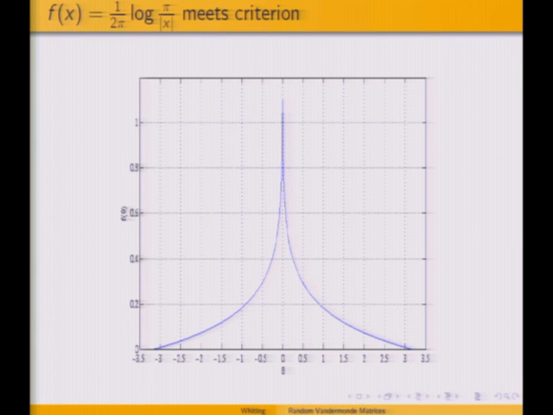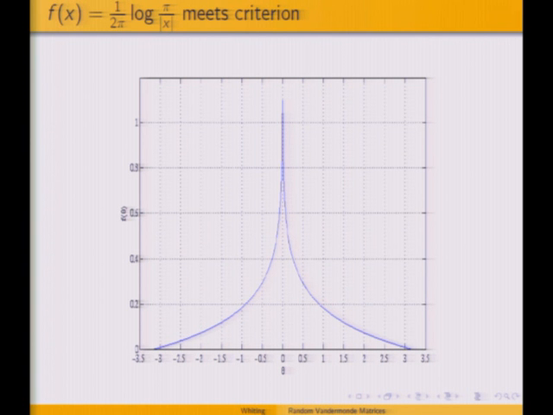Now that function is given by this density here, and what's important about this density is that its characteristic function, because it's symmetric, is real and convex. So this probability density function has a real and convex characteristic function.